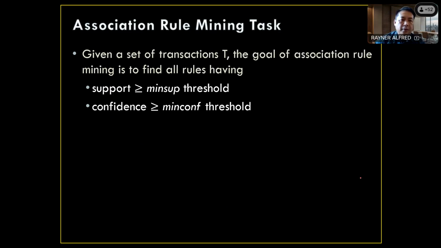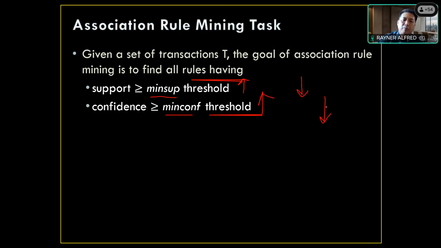Okay, so it all goes back to the minimum support threshold. It all goes to the minimum confidence. So if we set this minimum support too high, or the confidence is too high, then you will have fewer rules, meaning you really filter them. But if you set this one too low, you will have so many rules that you don't know which one is more important.